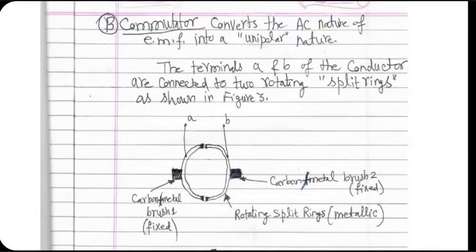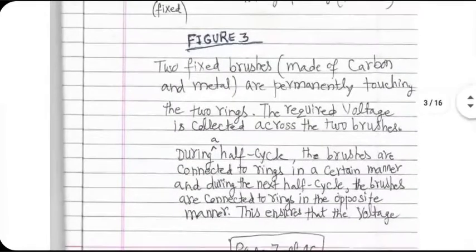Now what happens is, during half of the rotation, small a will be connected to the left ring and small b will be connected to the right ring. But in the second half, the situation will be reversed. So the voltage that you are getting across the brushes will always have the same polarity.